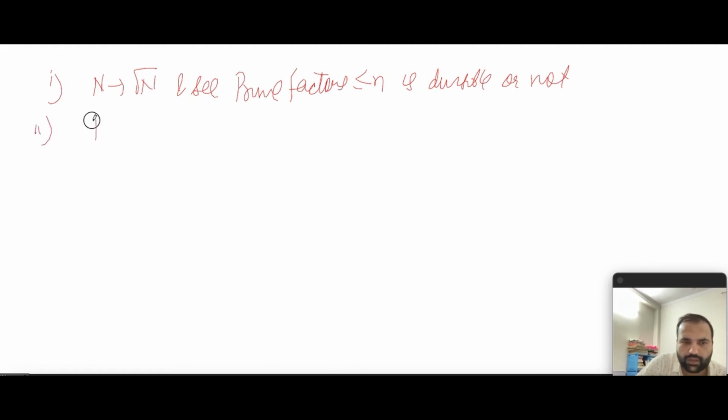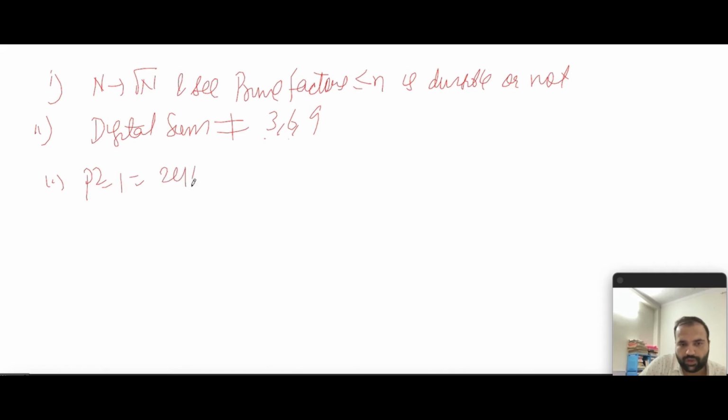That's one way. Second way, you can check the digital sum, because the digital sum would not be equal to 3, 6, or 9, but that's not 100% assurance. If any number has a digital sum of 3, 6, or 9, it would not be prime, but the other way is not true, that if it comes to 7 or 8, then it's assured to be prime. So don't get confused over here.